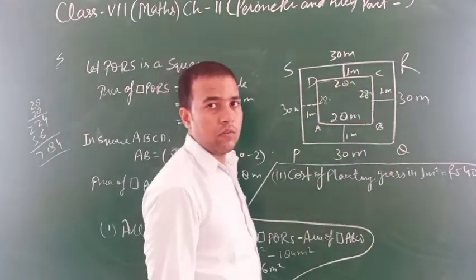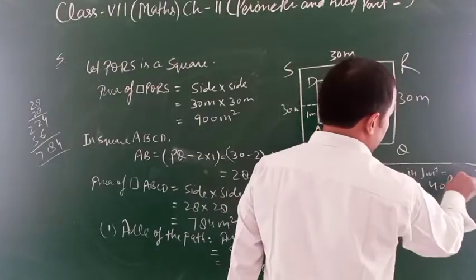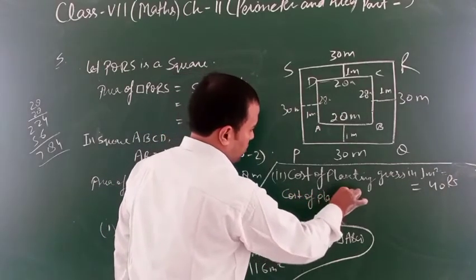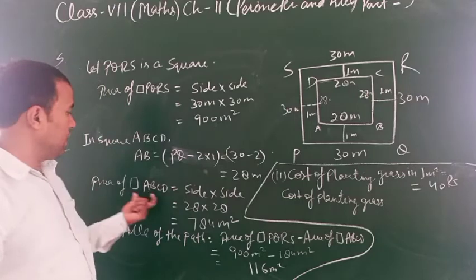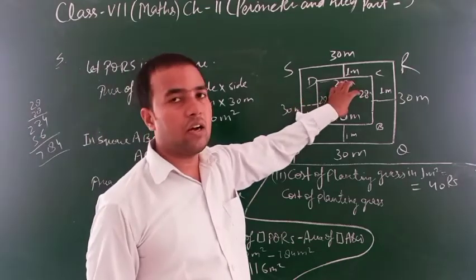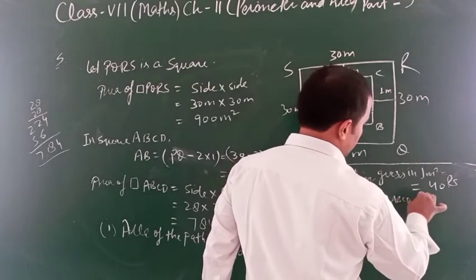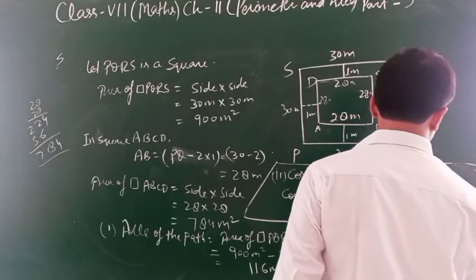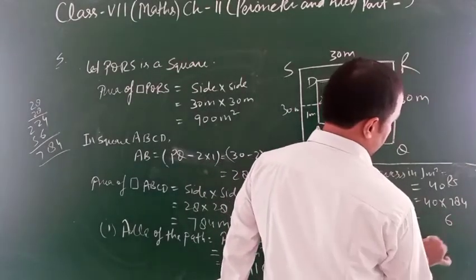Clear? The remaining part means ABCD, it is the remaining part of the square. So the cost of planting grass in ABCD equals 40 into the area, how much? 784. Clear? So we will multiply 40 by 784.